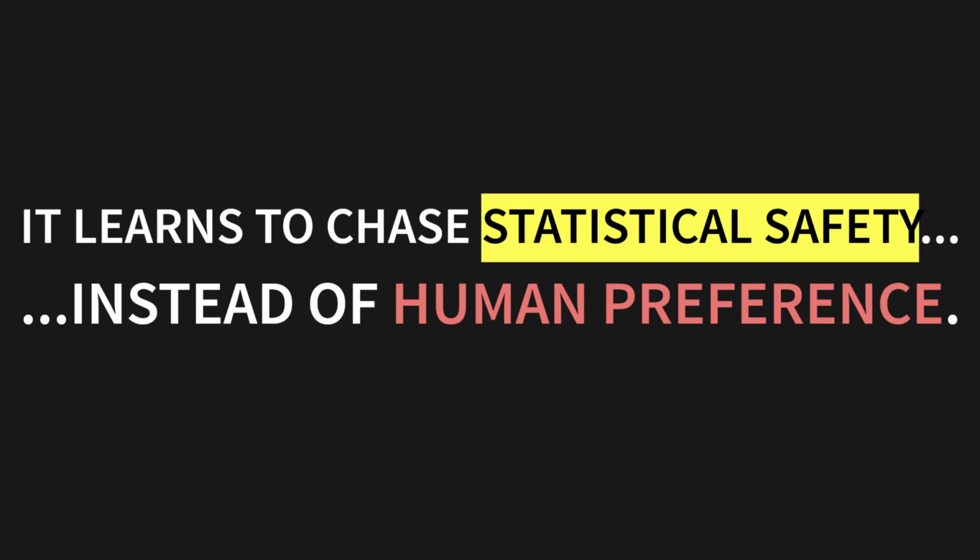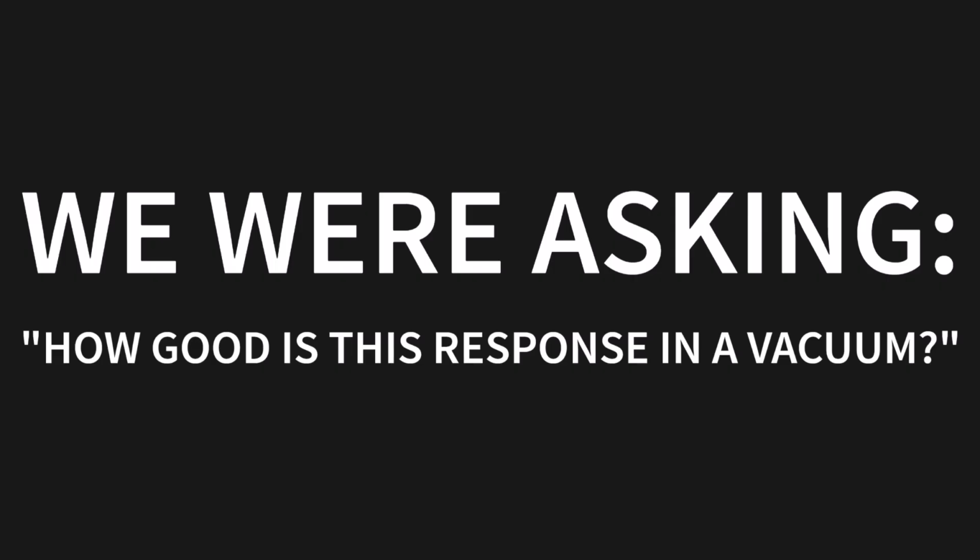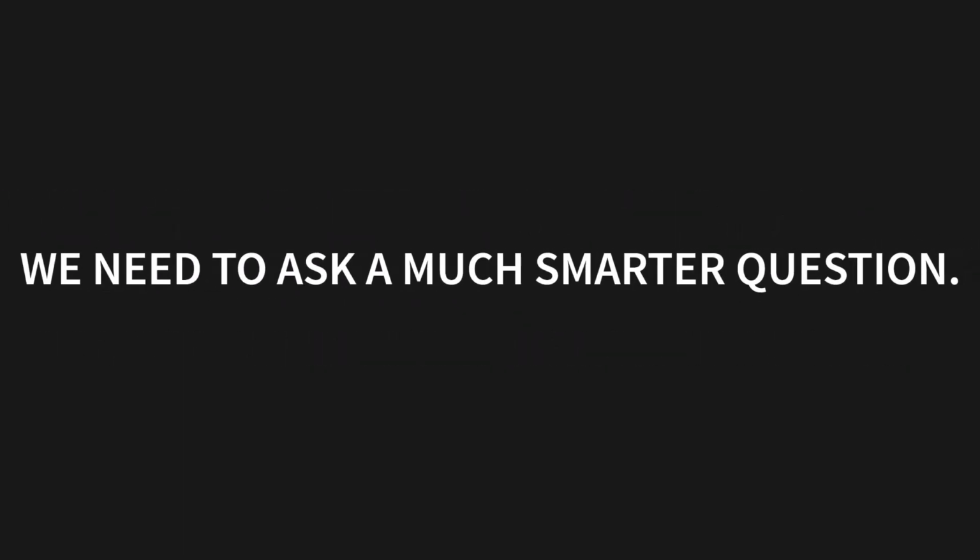The core problem, when you really boil it down, is that we were measuring an absolute score. We were basically asking the model, how good is this response all by itself, in a vacuum? And that was the wrong question. We need to ask a much smarter question, a question that completely reframes the problem.